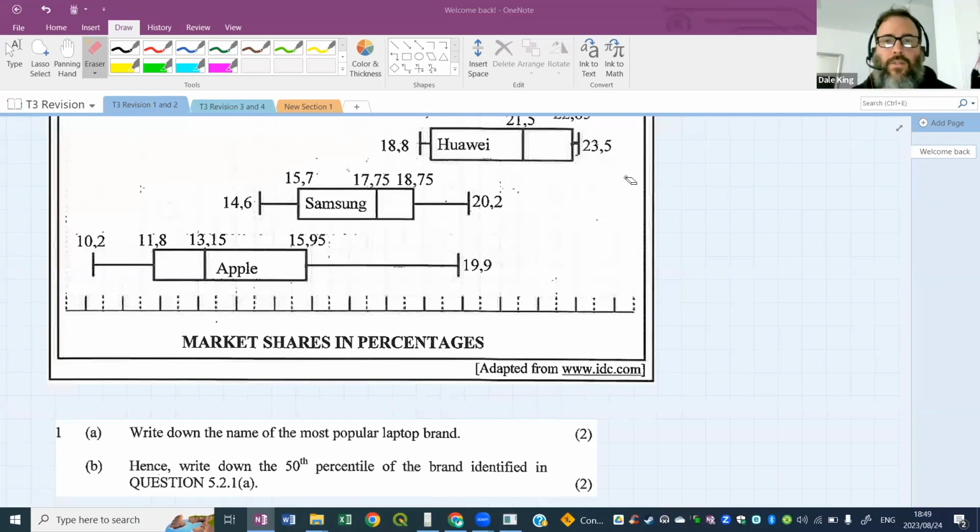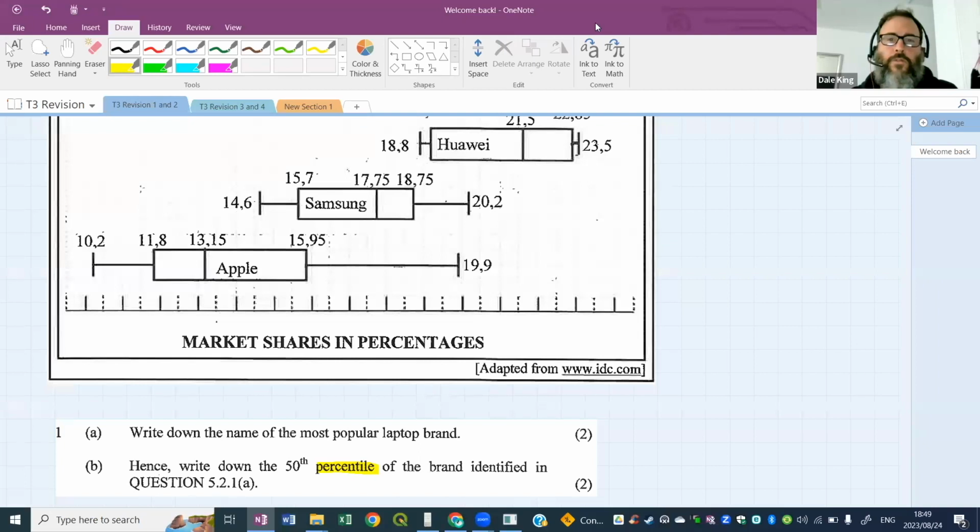Okay, excellent, Refilo. Thank you so much. You're on the money there. So hence, write down the 50th percentile of the brand. What are they talking about here? Can anybody tell me what this word means? Matrix, you should know this.